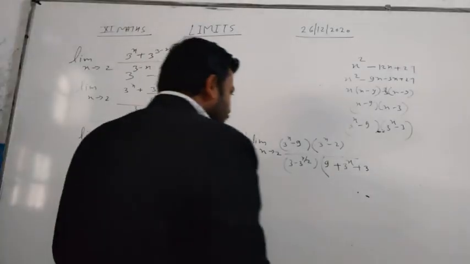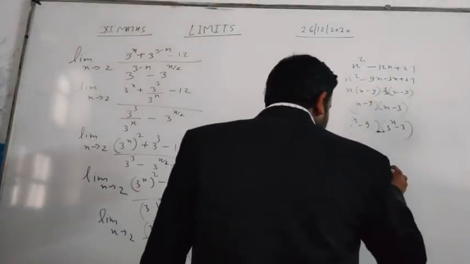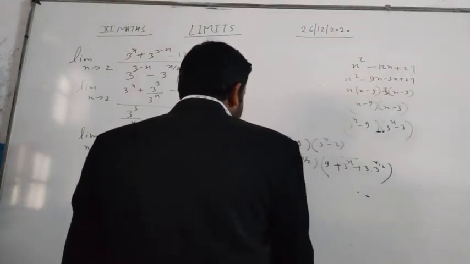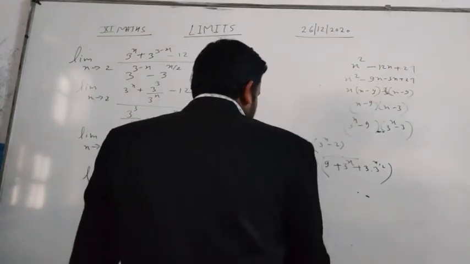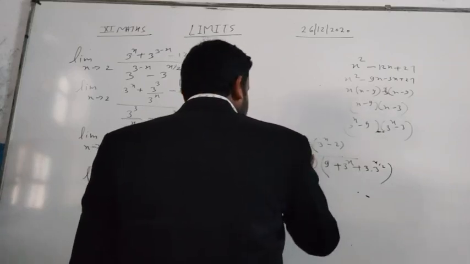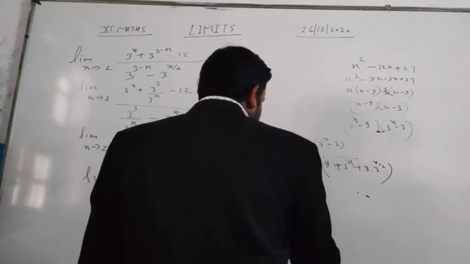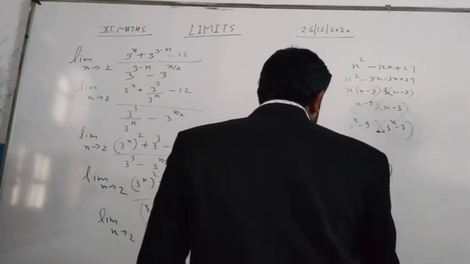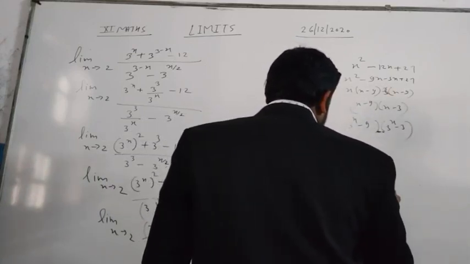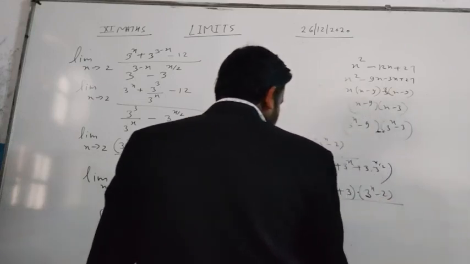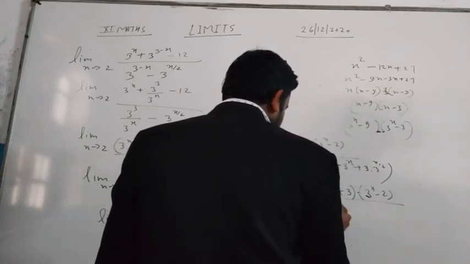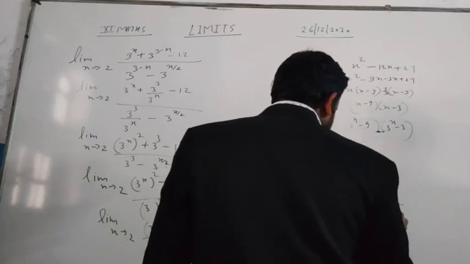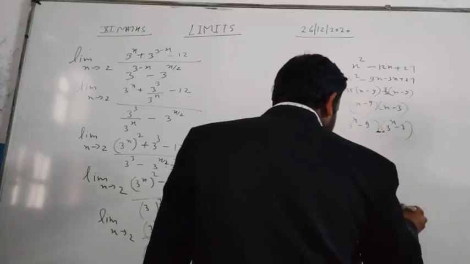Okay, student, now we will write 3 into 3 to the power x by 2, and here limit x tends to 2. This we can write as 3 square in the first bracket, in the second bracket 3 minus 3 to the power x by 2, and 9 plus 3 to the power x plus 3 into 3 to the power x by 2.